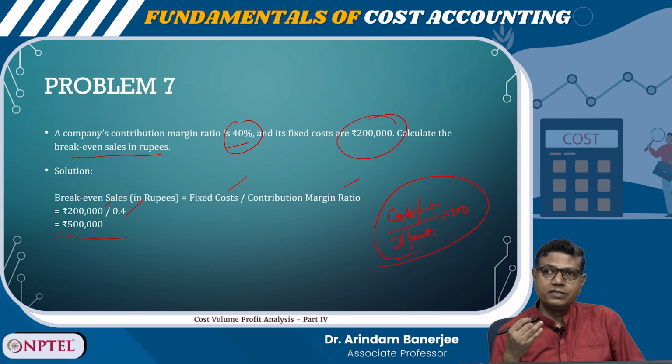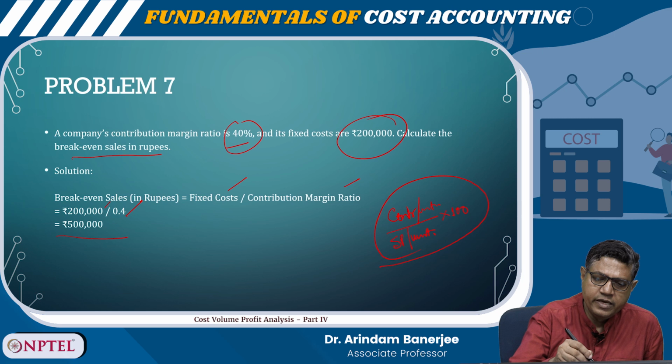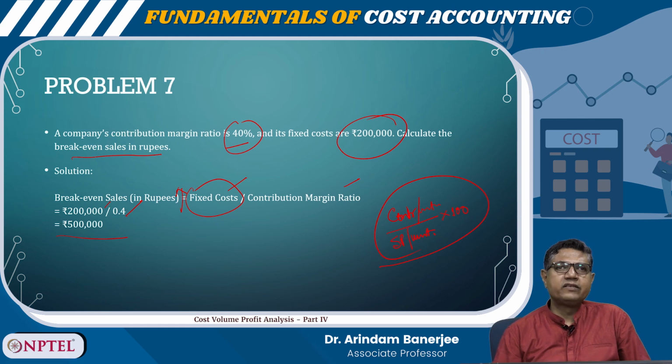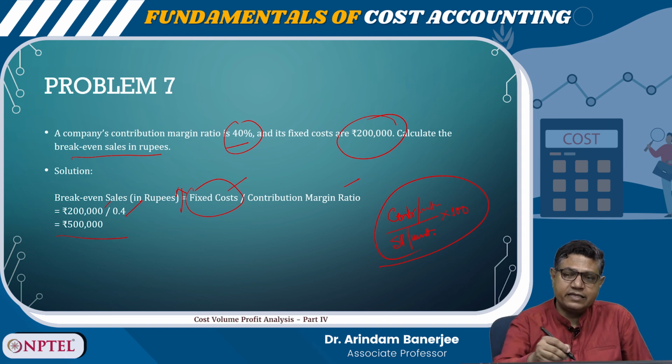Now, one thing you must have noticed here: in this equation, if the fixed cost element is high, then the level of break-even sales is supposed to increase at the same contribution margin.